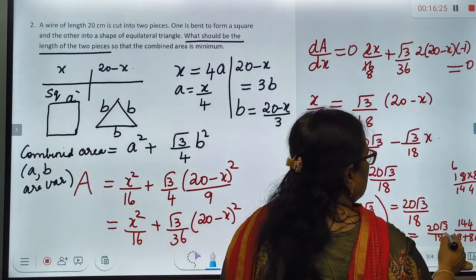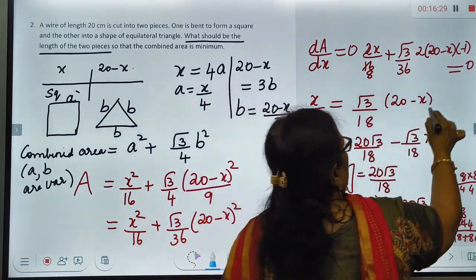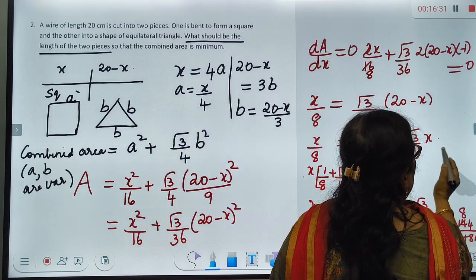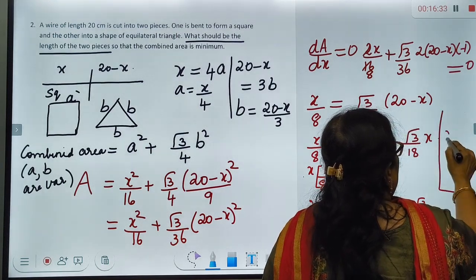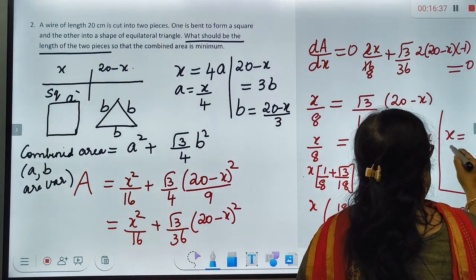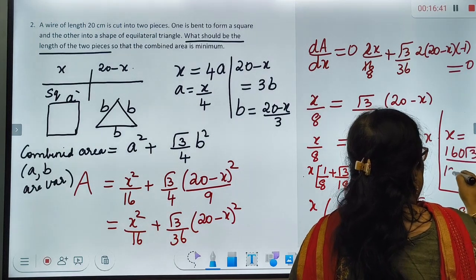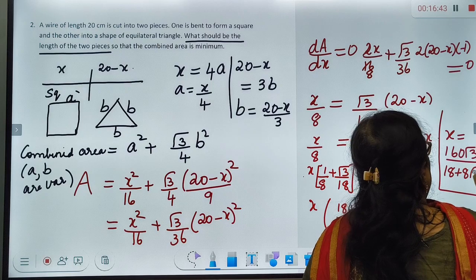So 18 goes into 144 by 8 times, we know. So x is equal to 20 root 3 into 8, so 160 root 3 by 18 plus 8 root 3.